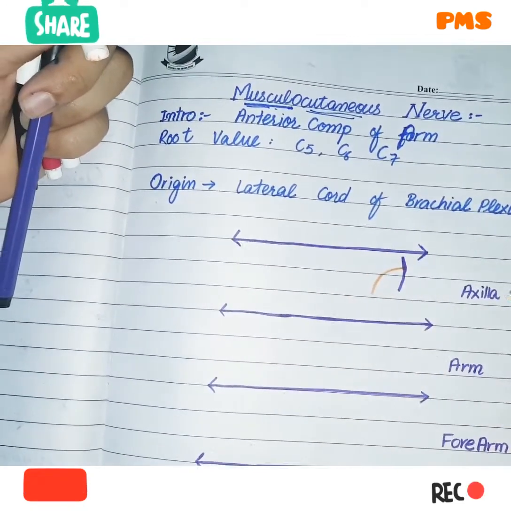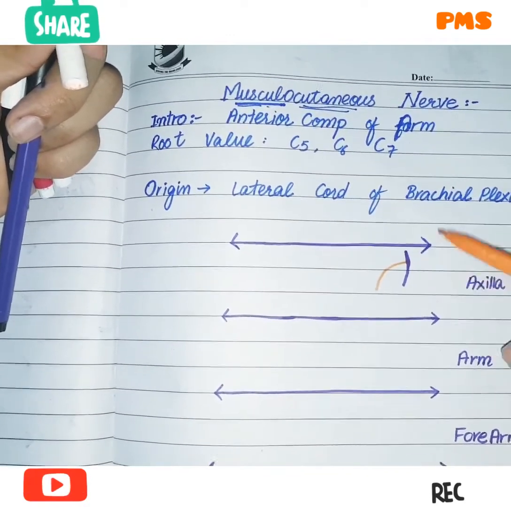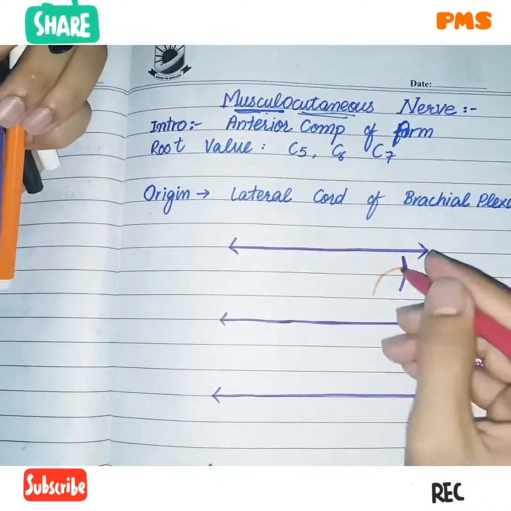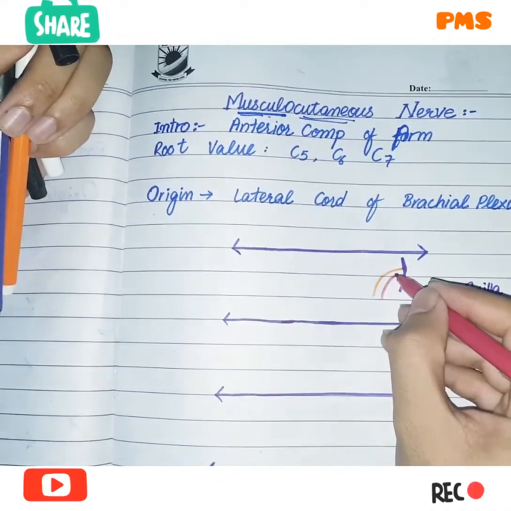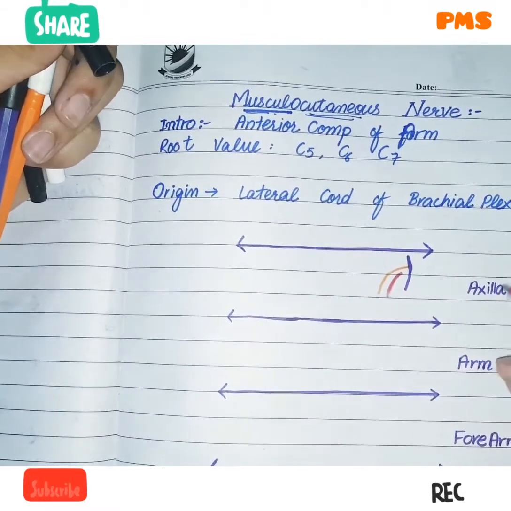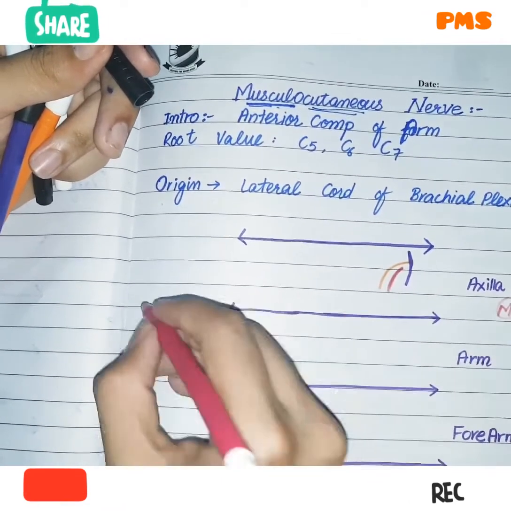In the axilla, the nerve arises from the lateral cord of brachial plexus, and it lies lateral to the axillary vessels or artery. Suppose this is the axillary artery and it lies lateral to it; this is the medial side and this is the lateral side.